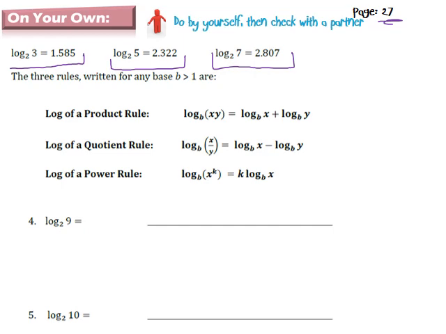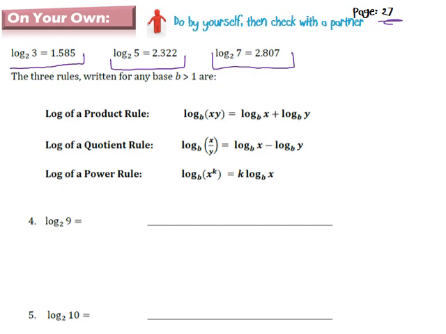Now I see that I have base 2, so I know this one's not going to turn out real nice. It's going to be kind of ugly. However, when it comes to 9, is there any way that I could write it in terms of a 7, a 5, or a 3? Think for a second. Yeah, of course. We could write it as 3 times 3.